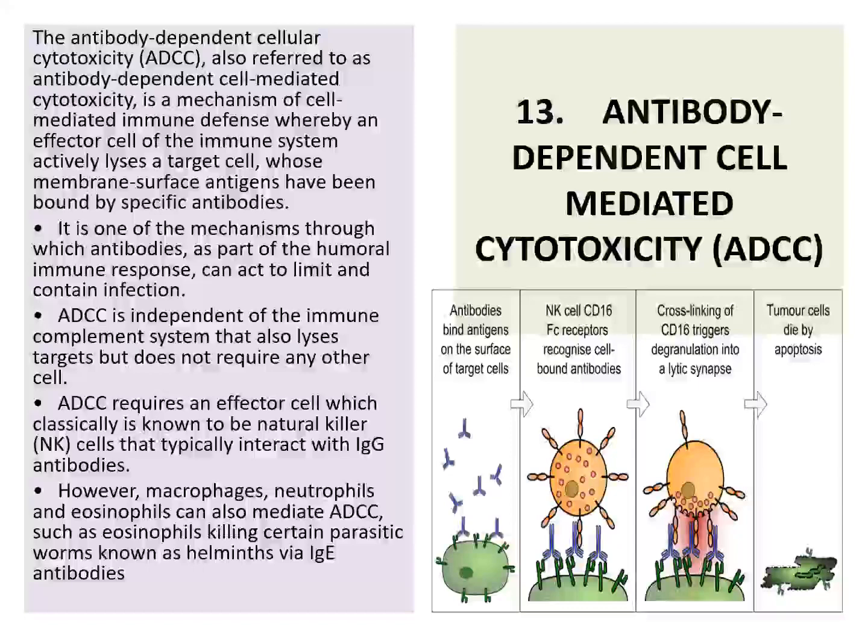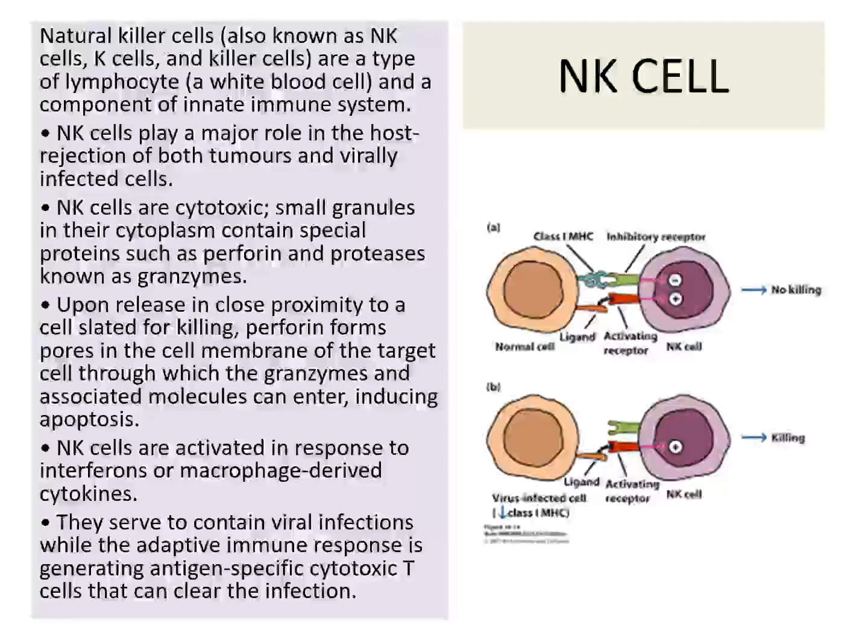So in this diagram we can see the antibody binds to the antigen on the surface of the target cell, then the NK cell CD16 Fc receptors recognize the cell bound antibodies. Then cross linking of CD16 triggers degranulation into a lytic synapse. Tumor cells die by apoptosis. This is antibody dependent cell mediated cytotoxicity with the help of NK cells.